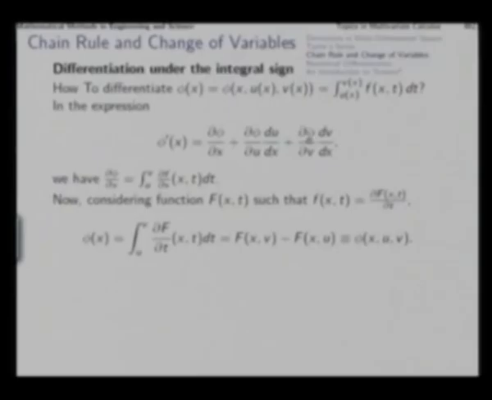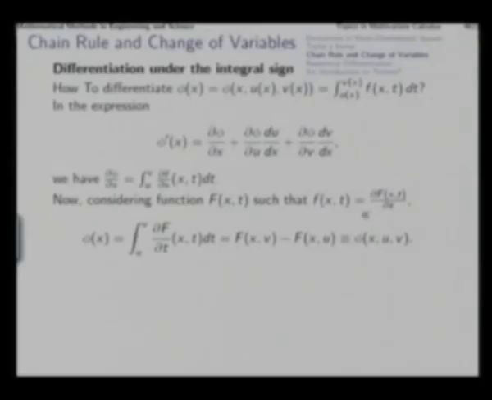So, for that, what do we do? We consider a function capital F whose derivative with respect to t is this small f, and then phi(x) turns out to be here itself in the place of f.